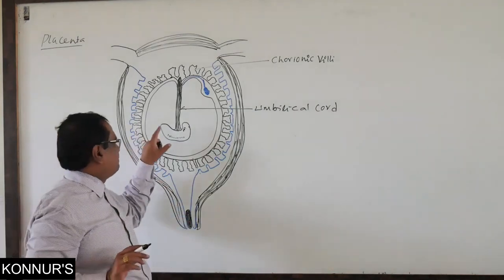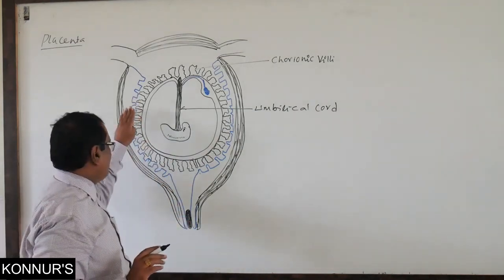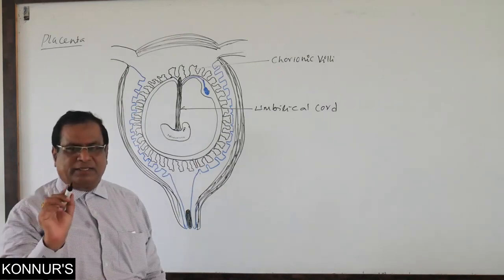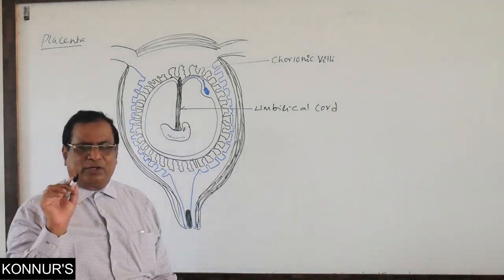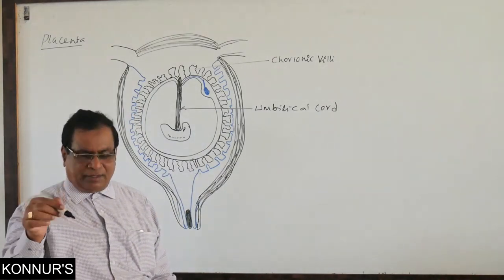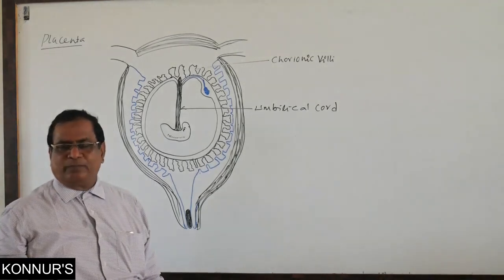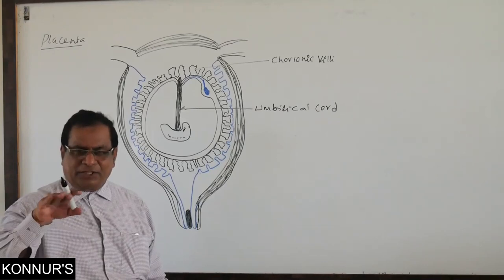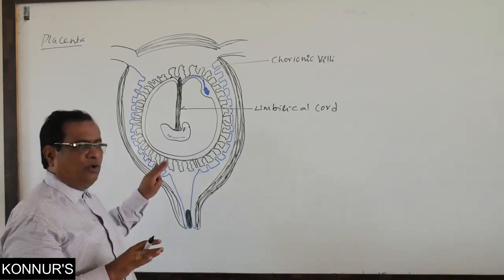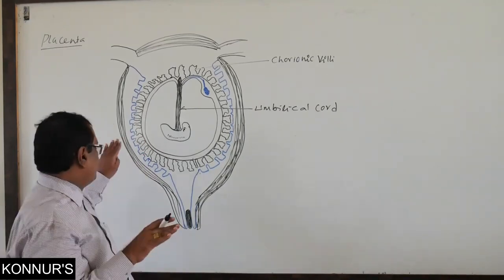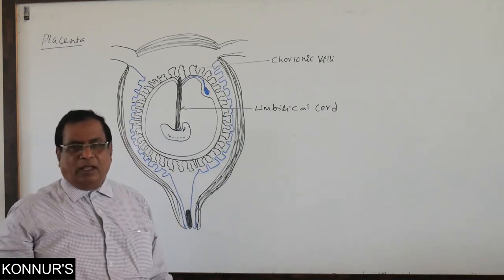One thing we notice here: placenta is not a total part of either the embryo or the uterine tissue. It is partially from the embryo and partially from uterine tissue.